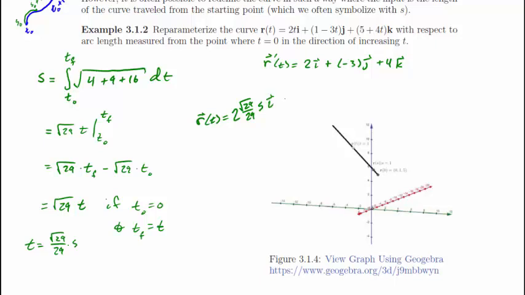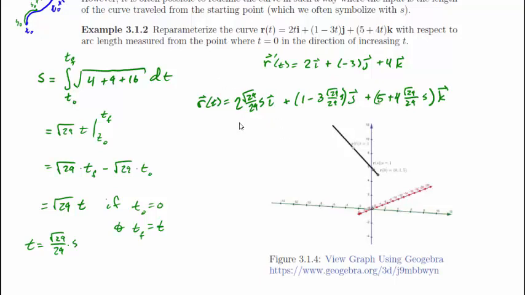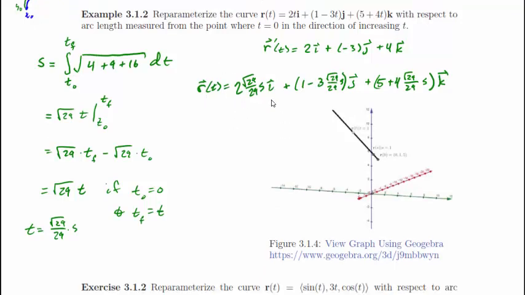This is in the i direction, plus 1 minus 3 root 29 over 29 s in close parentheses in the j direction, plus 5 plus 4 root 29, oh, I forgot my s over here, over 29 times s in the k direction. And that's it. So we've now, oh, I do need to rewrite this. This is no longer r of t. This is now r of s.